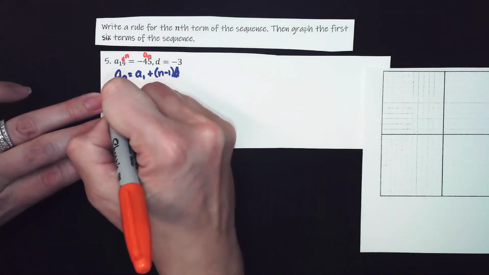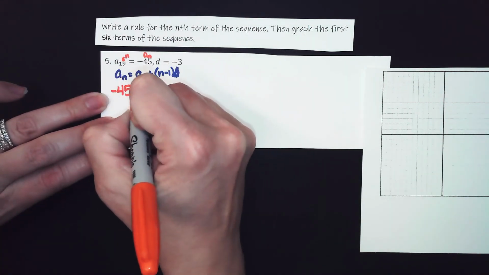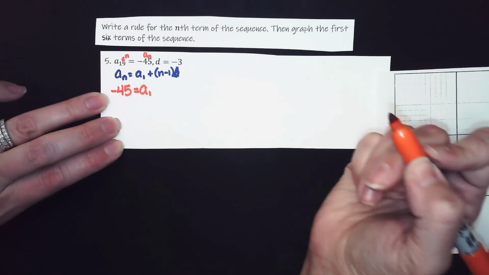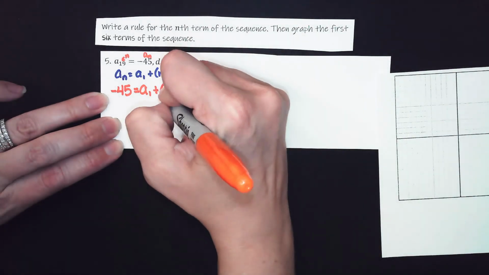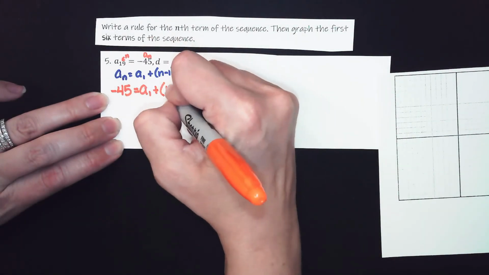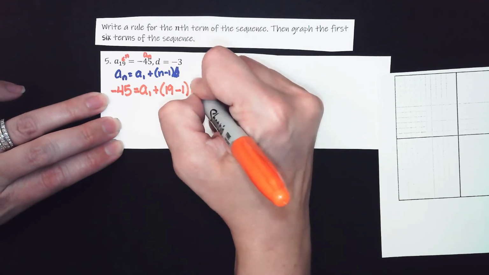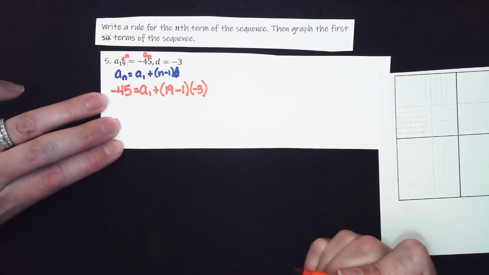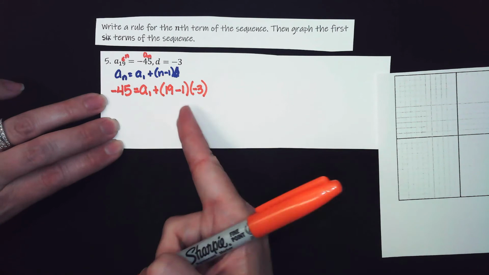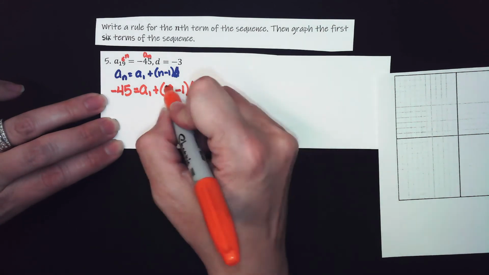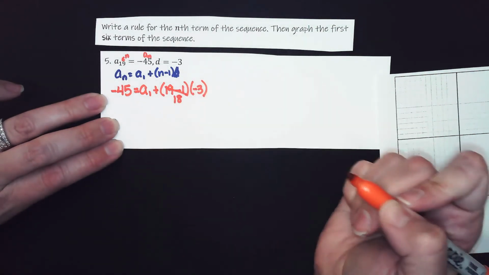So -45 equals A1, which I don't know yet, plus N, which is 19, minus 1, times D, which I do know is -3.